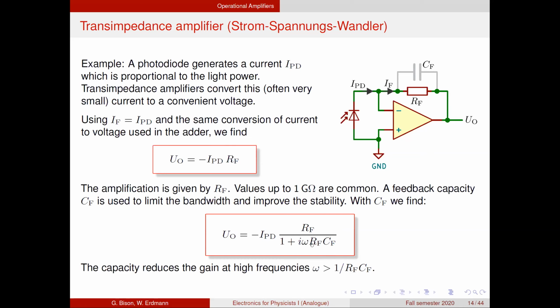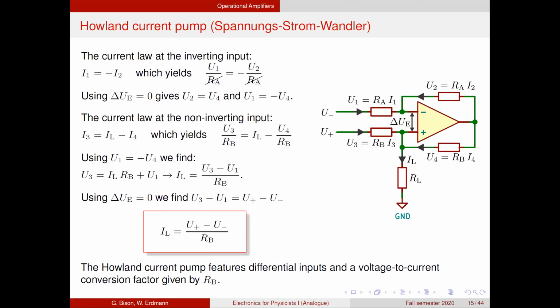Okay, one circuit that in a similar way was used in the project that you all started to calculate and lay out is the Howland current pump. And this is, well, the opposite. It converts a voltage to a current. So this is also really important.